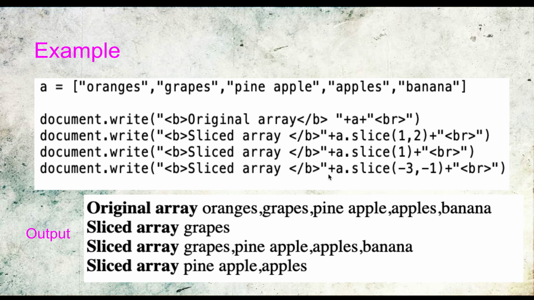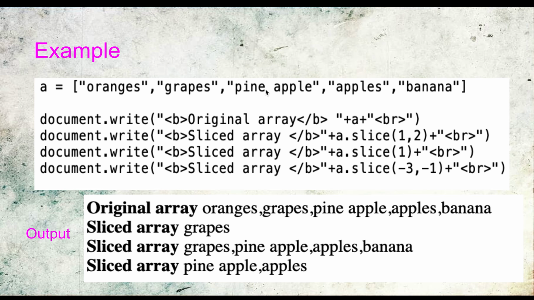And next, slice uses negative numbers. Here the start index is given as -3 and the end index is -1. -1 indicates the last element of the array. In this case -1 represents banana, -2 is apples, -3 is pineapple.